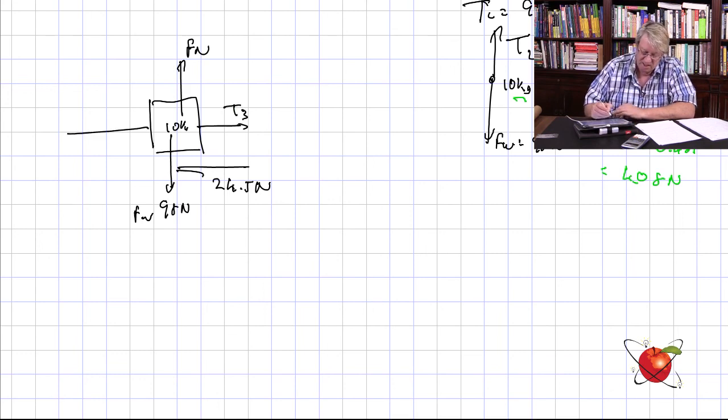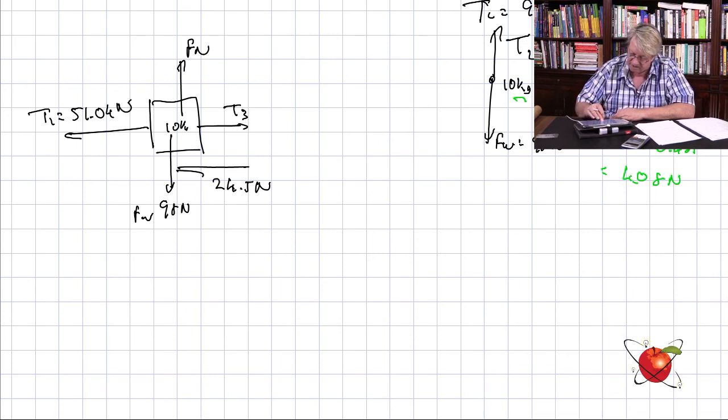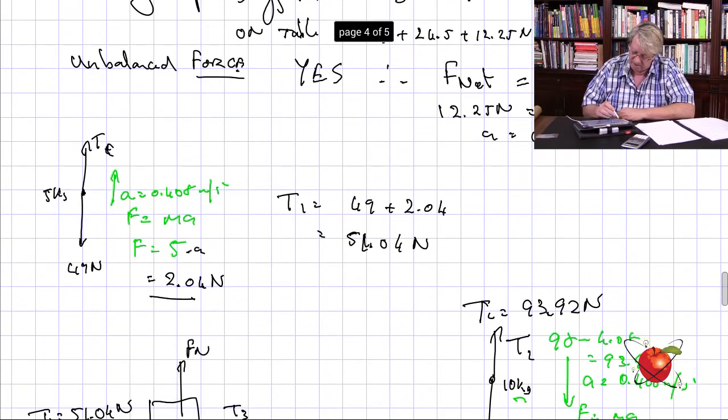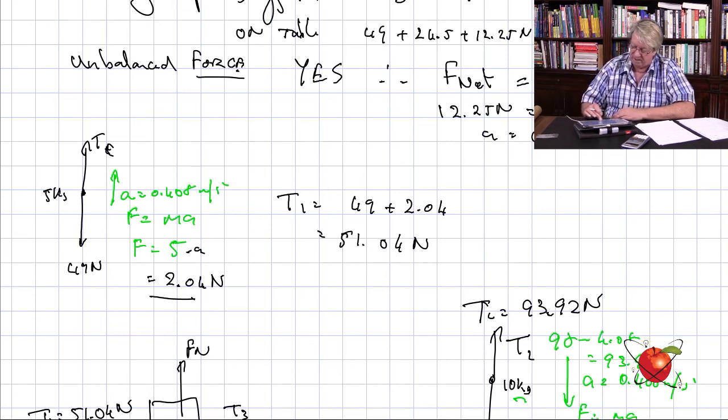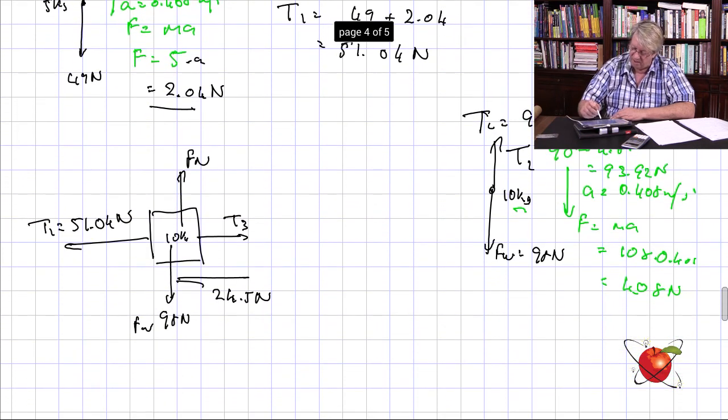Now, have we worked out T1? Yes, we have. T1 is equal to 51.04 newtons. Let's go find it. There we are, 51.04 newtons. Sorry, that's a bit ugly over there, so let me make it a bit tidier. Friction is there, T1 is there, T3.